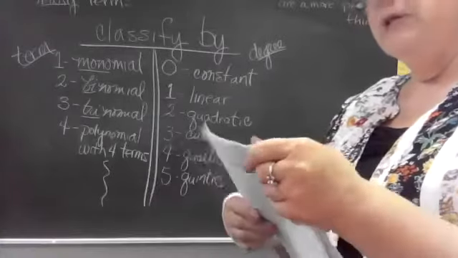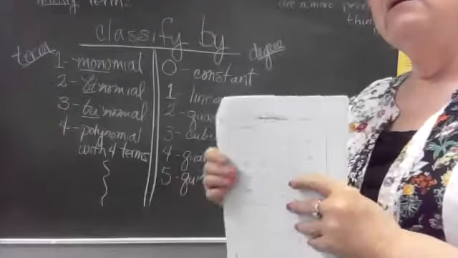Page 3, this is where they're dealing with like and unlike terms. And it says to circle all of the terms that are alike. Now look at number 1.